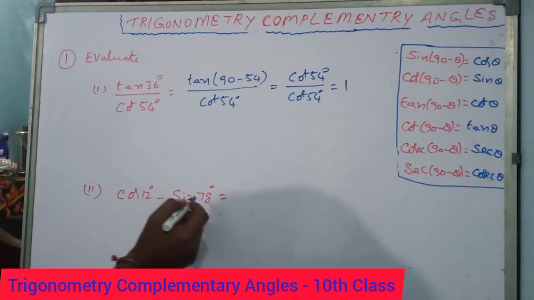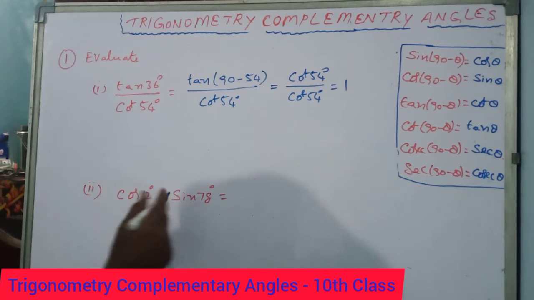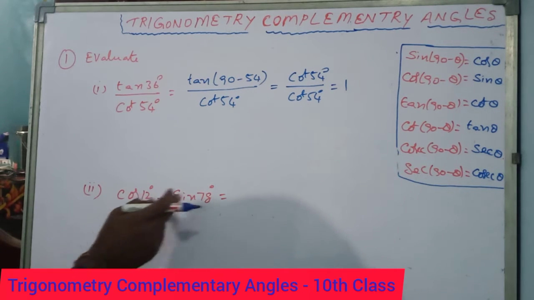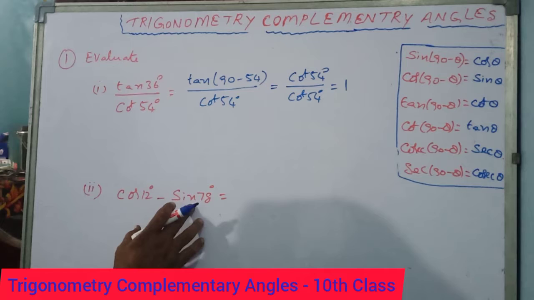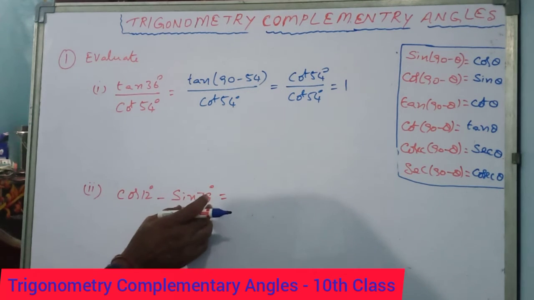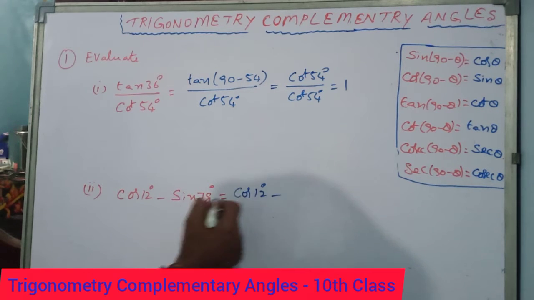Cos 12 degrees minus sin 78 degrees. Here there are two terms; change one of them. Here we will change the second term.